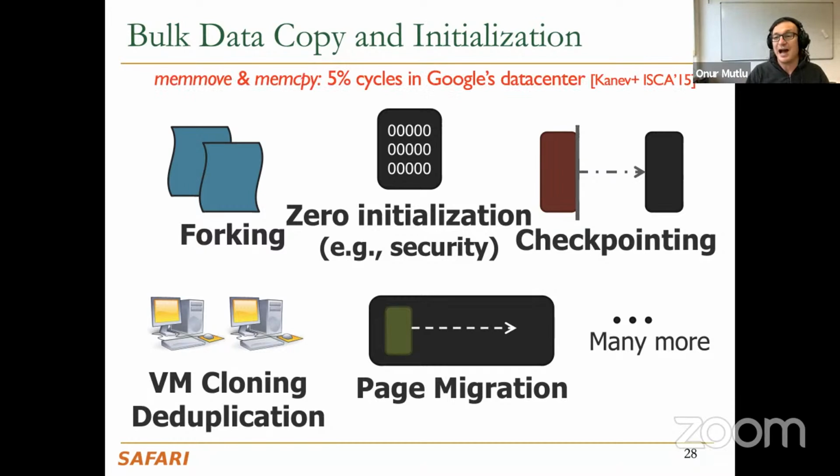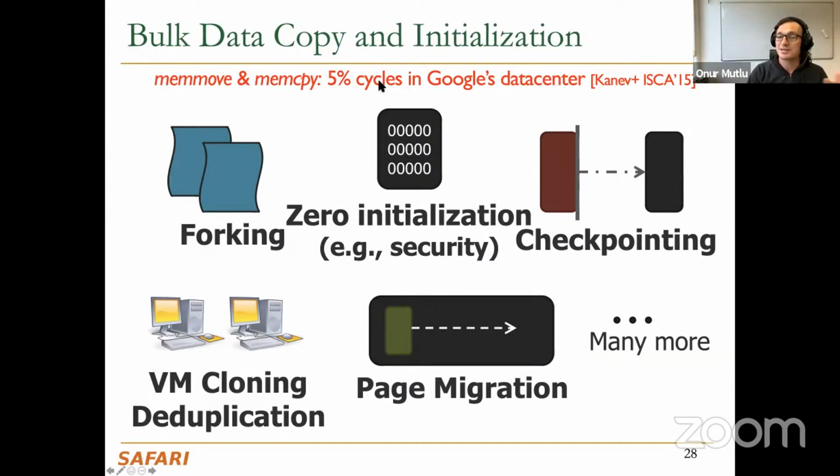And recently, after this paper was published, Google published a paper in ISCA 2015 that basically says that these two system calls, memmove and memcpy, only two system calls, variants of these, consume 5% of all of the execution cycles in Google's data centers across all workloads. Now, this is significant because 5% is a very large number if you actually average it across all of the workloads. And we're just talking about two system calls that do data movement, as you can see.